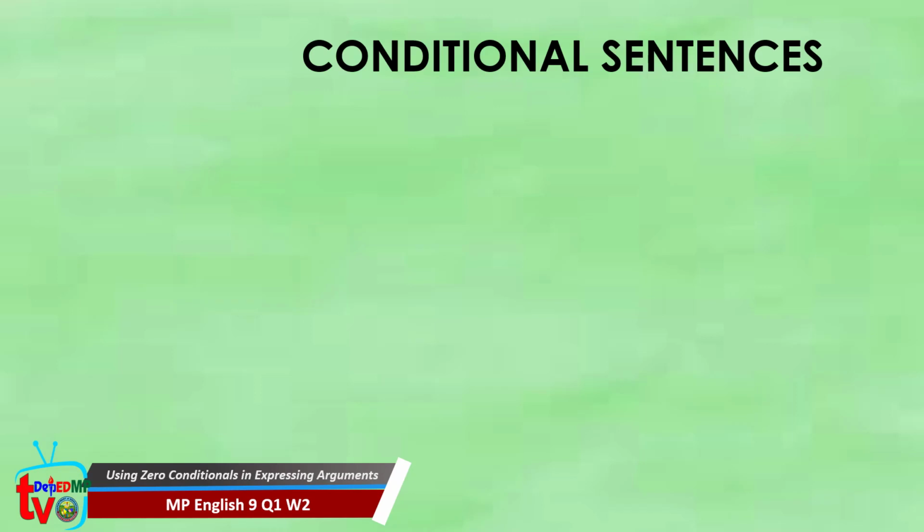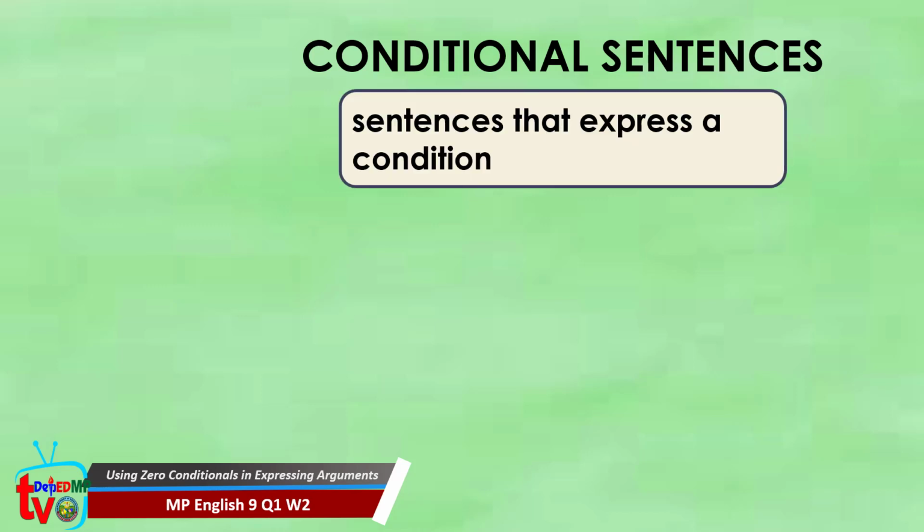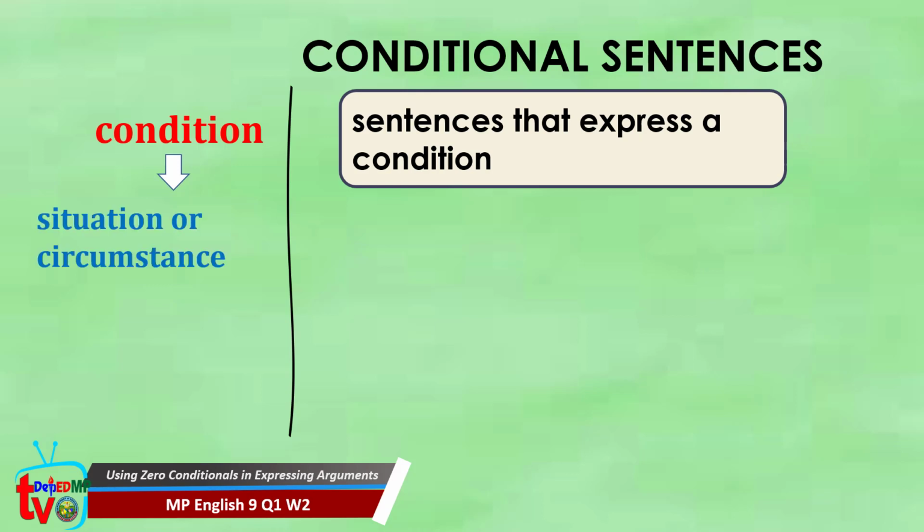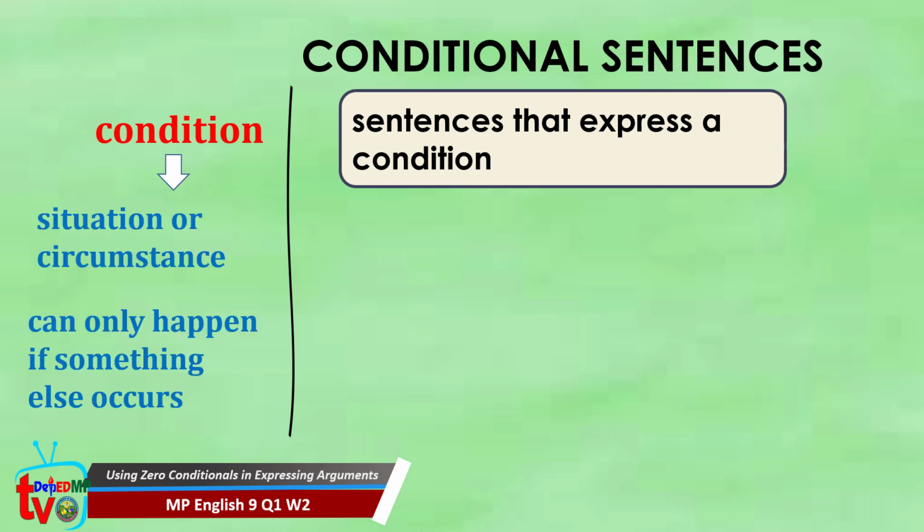What are conditional sentences? Let's go over the following descriptions. 1. Conditional sentences are sentences that express a condition. What does condition mean? It is a situation or circumstance that can only happen if something else occurs.